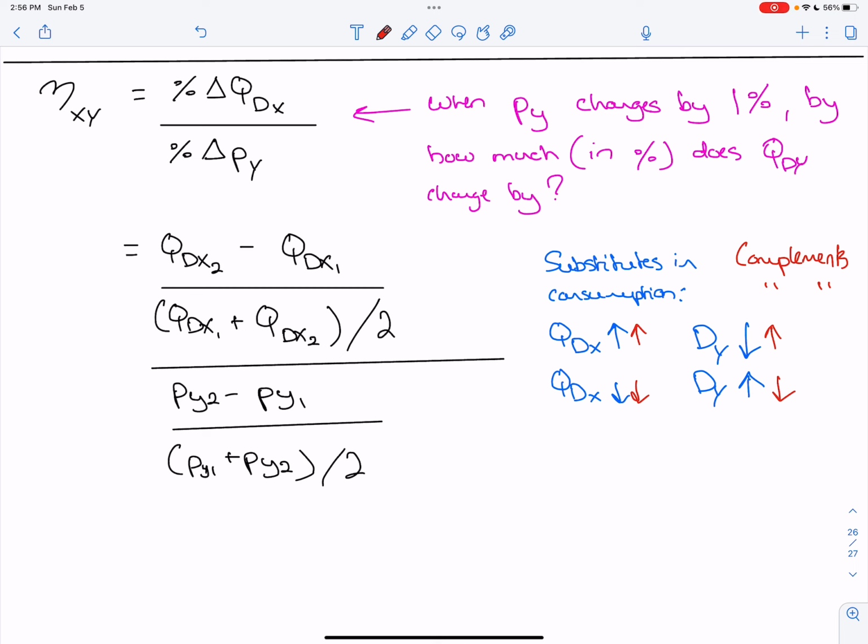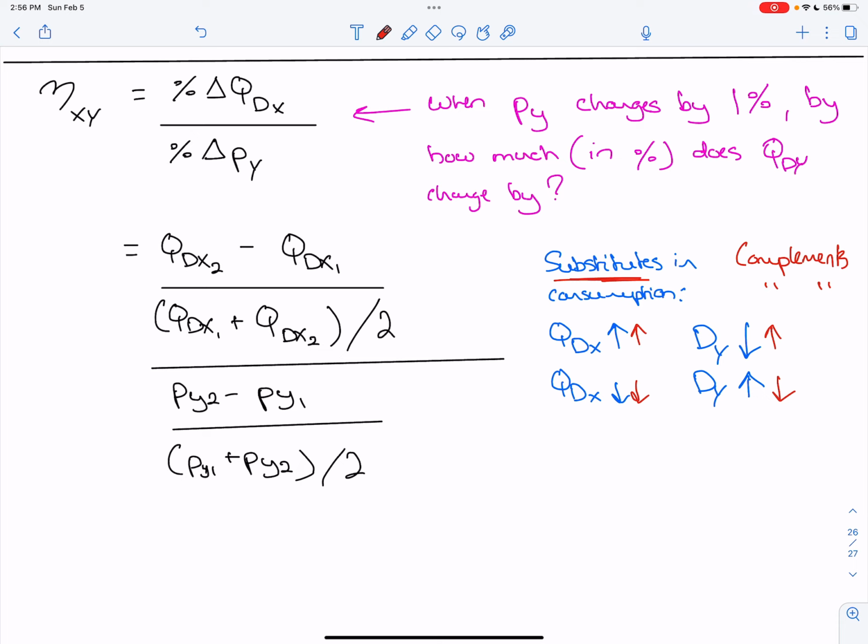So why is this relevant to cross elasticity? Well, you'll notice that there is a set relationship when it comes to substitutes between the price of one good and the quantity demanded of the other good.